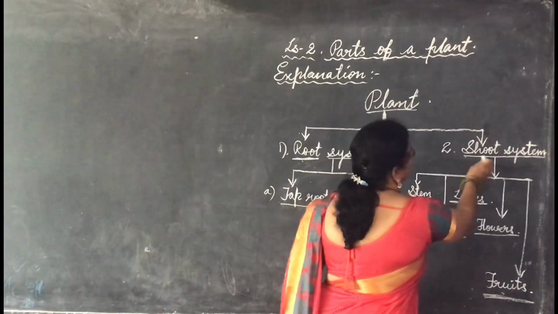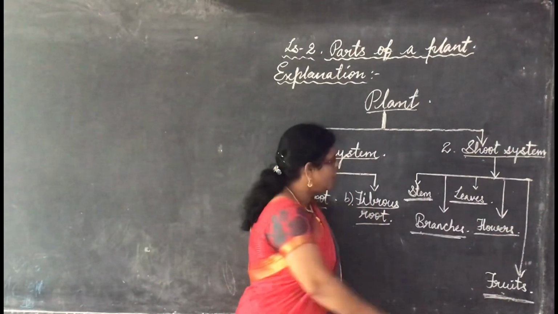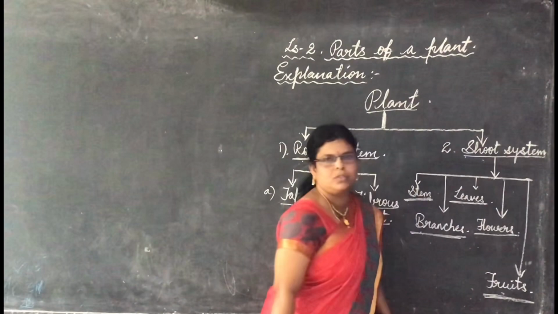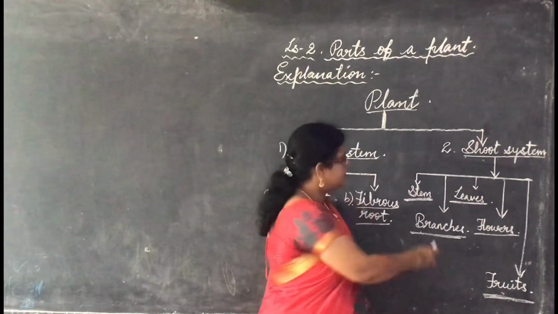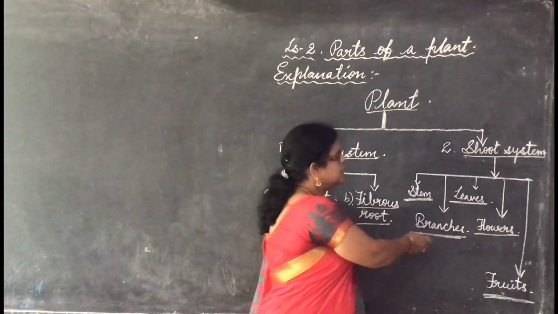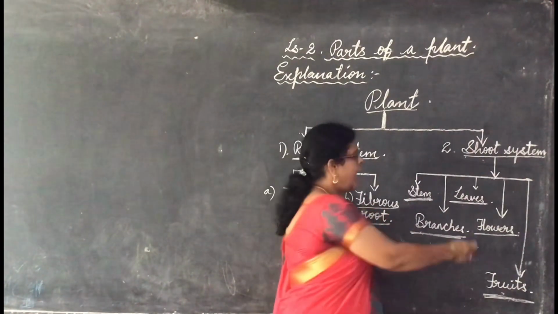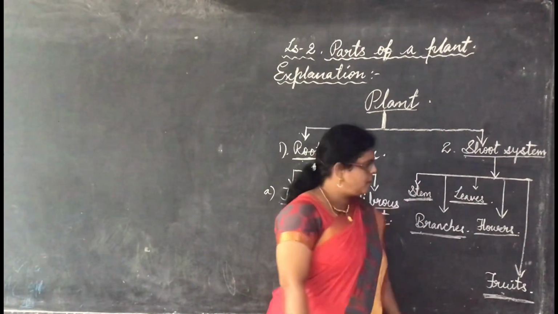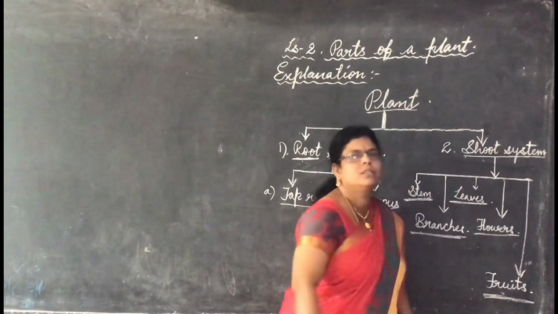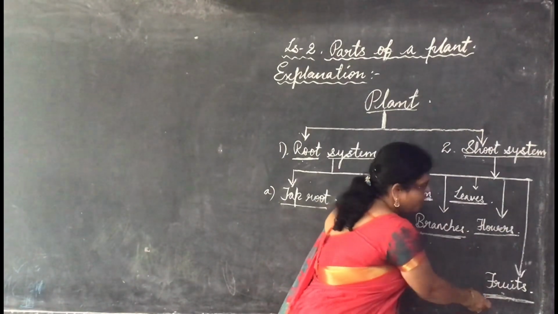Next, in the second part, the shoot system consists of stem, branches, leaves, flowers and fruits. So the stem bears leaves, branches, fruits and flowers. Branches are also a part of a plant and the leaf is the main part of a plant. And flowers are very beautiful and attractive. And even fruits, flowers are developed into fruits.